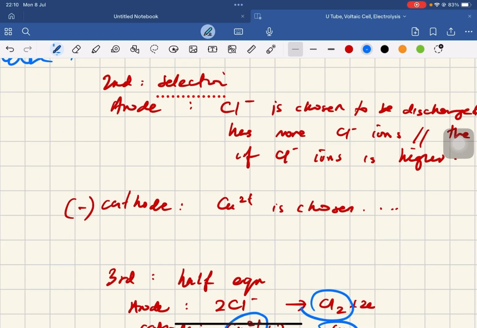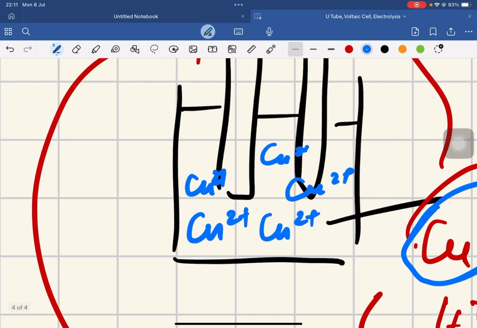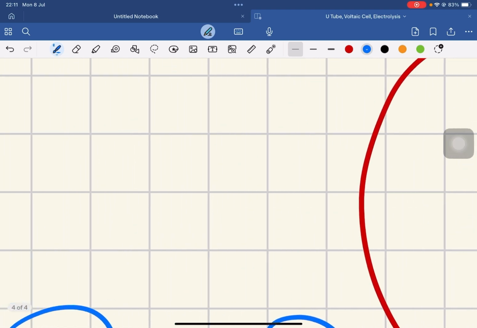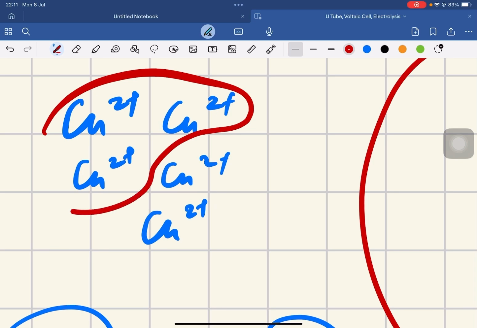Okay, so you bayangkan 1, 2, 3, 4, 5 for 5 ions. Okay, you bayangkan like 3 of them dah jadi copper.